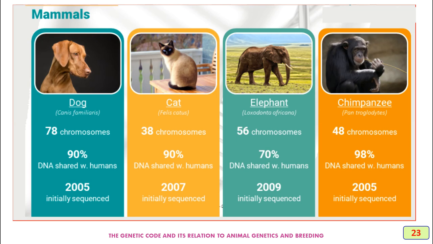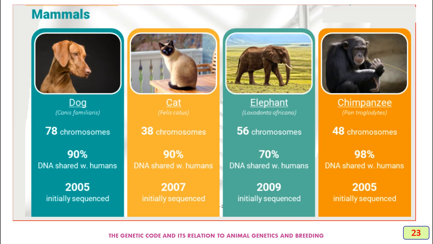Then in 2007 they initially sequenced the elephant, which has 56 chromosomes, and 70% of these are shared with the human.